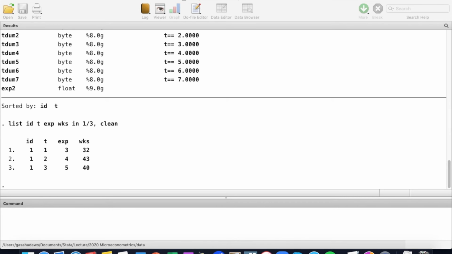Okay, now you should know whether or not this panel data is in the wide format or in the long format. So if you're in the wide format, then the observation by year is actually organized by columns. If it's long format, then your data is actually organized by rows.